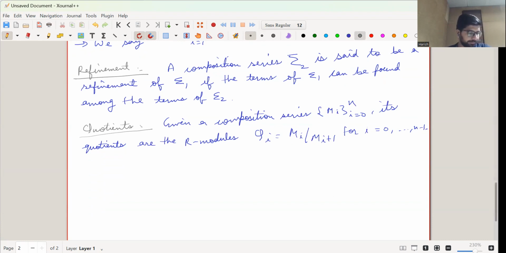Now, this definition will clarify your doubt, Vivek. Jordan-Holder series. So what does it mean? It's just a composition series.